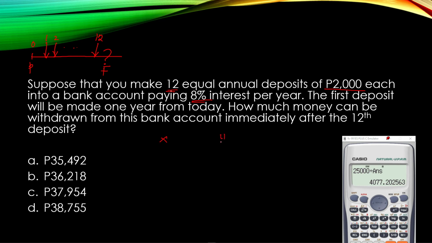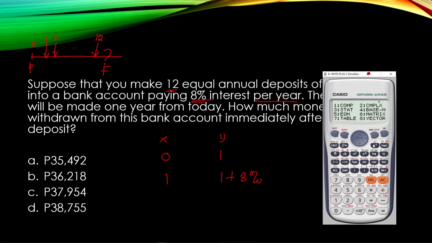So, we have X, Y. And then, we have 0, 1, and then 1. Tapos, 8%. This is per year. So, walang mababago. 1 plus 8%. Okay, so input natin yun sa calculator.